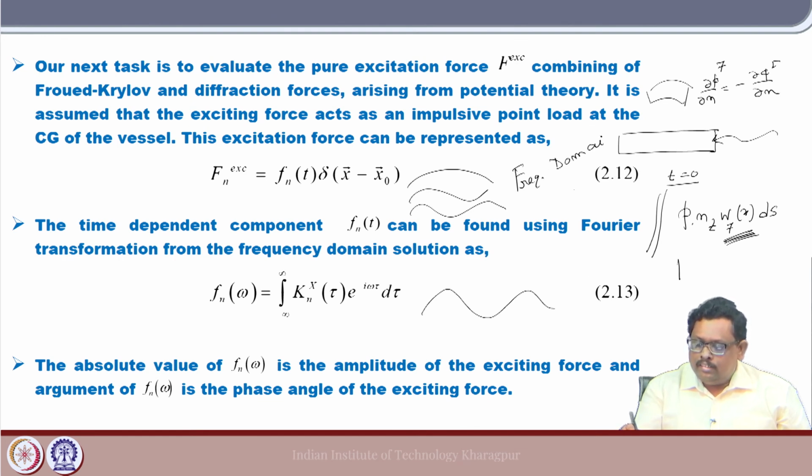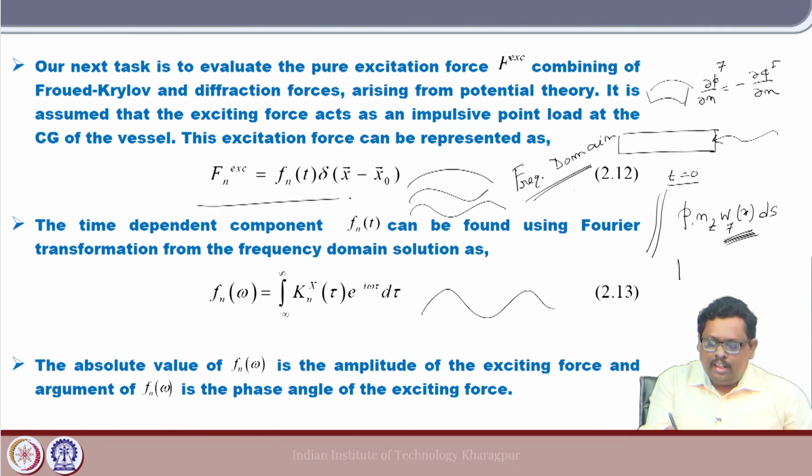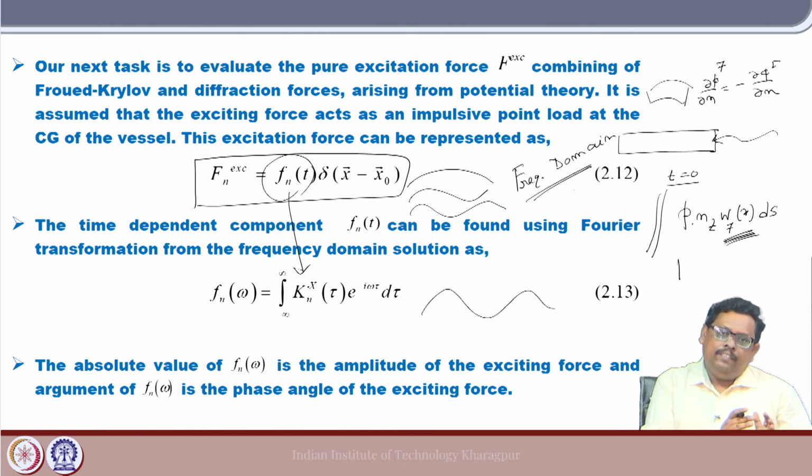Now, when you draw this data in the frequency domain, this is the way I replicate the radiation force in the time domain. This is the expression by which I can get the radiation force in the time domain, where this FNT I can get again through the Fourier transformation, right? Because in the Fourier transformation we have all this frequency domain data.